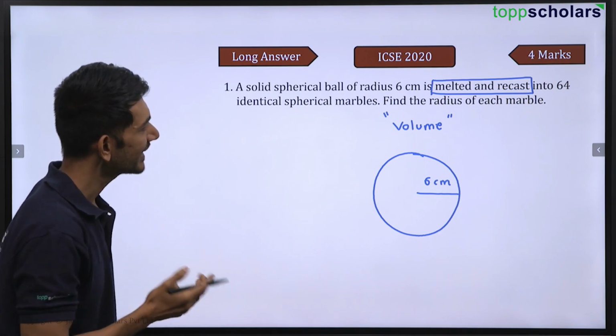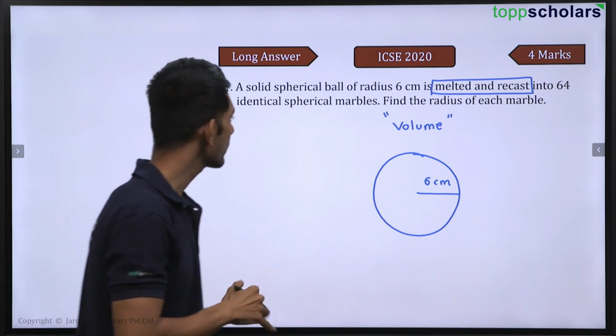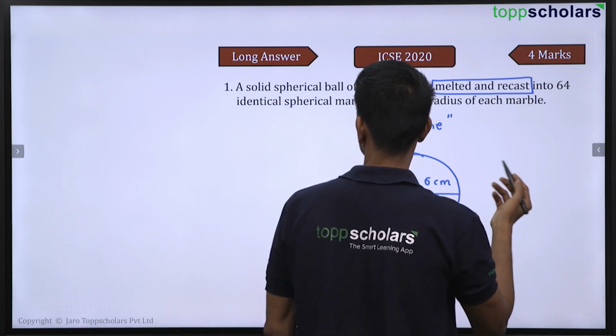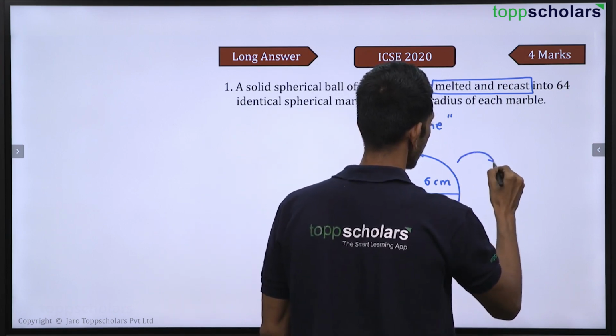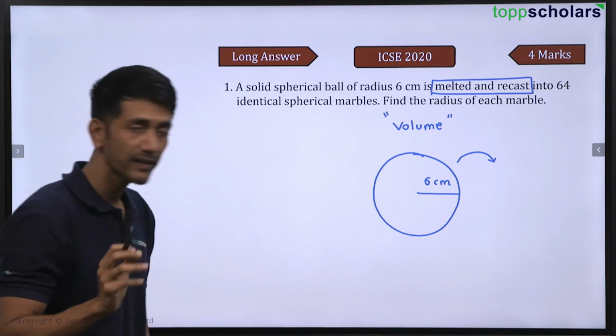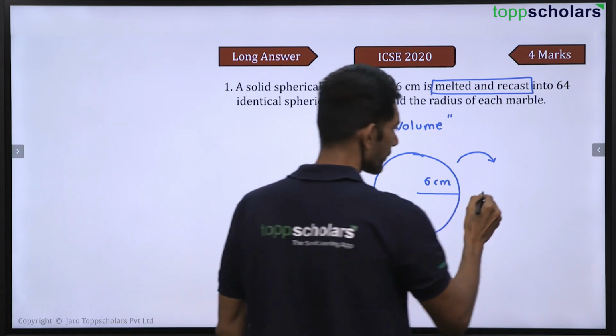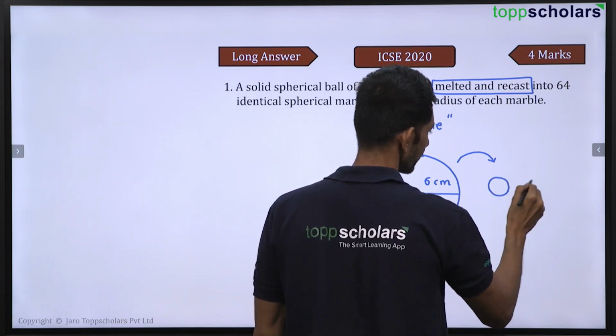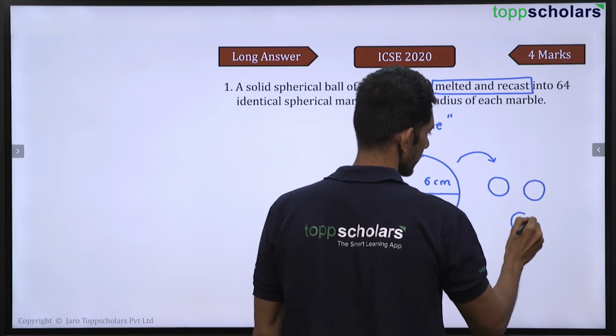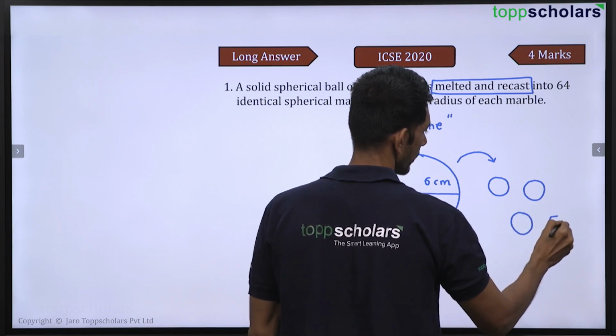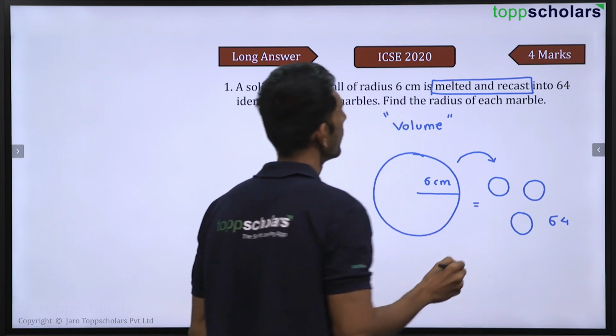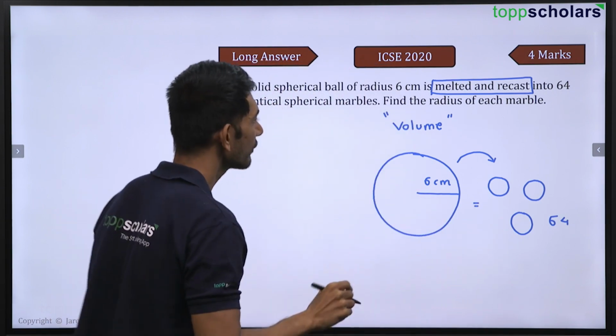This is melted and recast into 64 identical spherical marbles. That means they will be small, like this. There are 64. We're supposed to find out the radius of each marble.